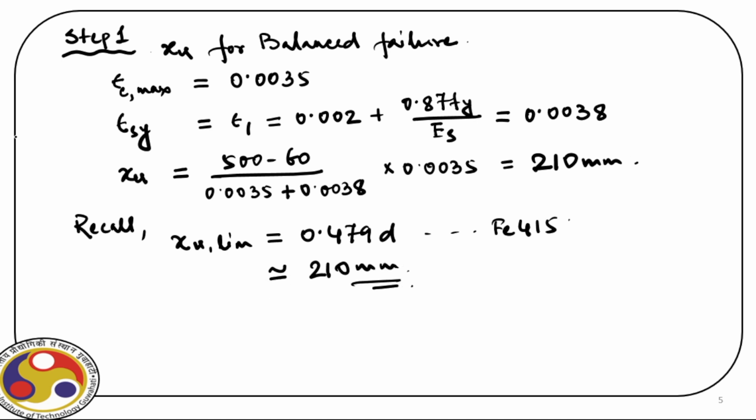So we have identified the location of the neutral axis for this given problem. Now our task is to go to the next step, and in the next step, once we identify the neutral axis, is to find out strain in different layers of steel.